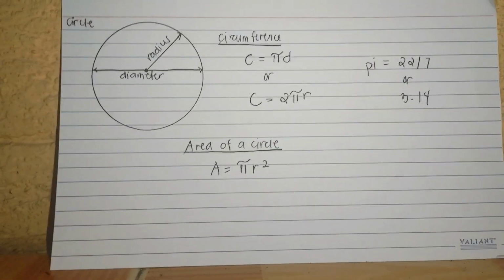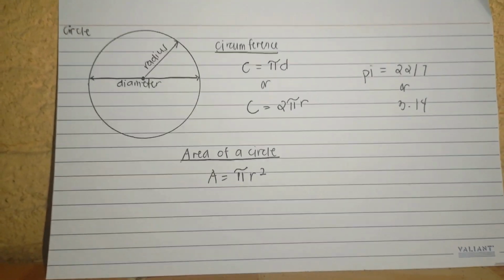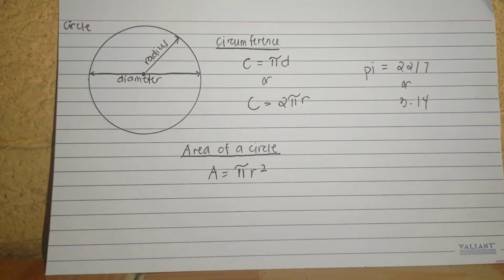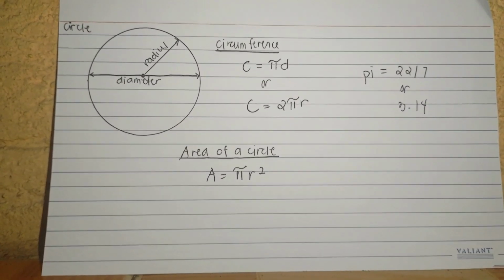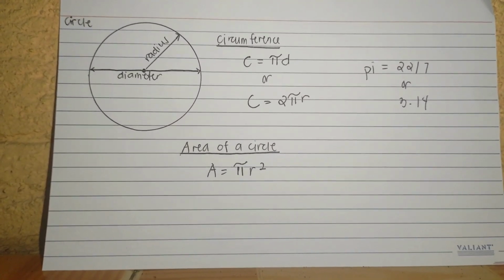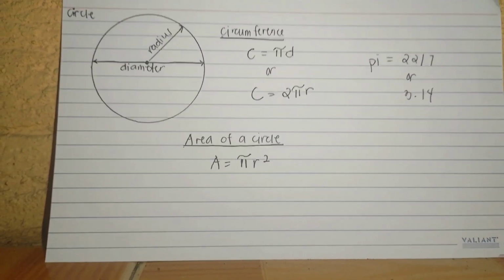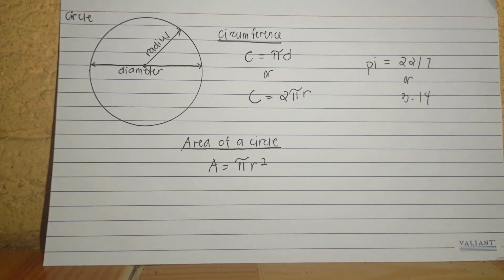So, kung sa circumference po, ang gamit nating formula is pi times d or 2 pi r, which is the value nga po pala ng pi is 3.14.